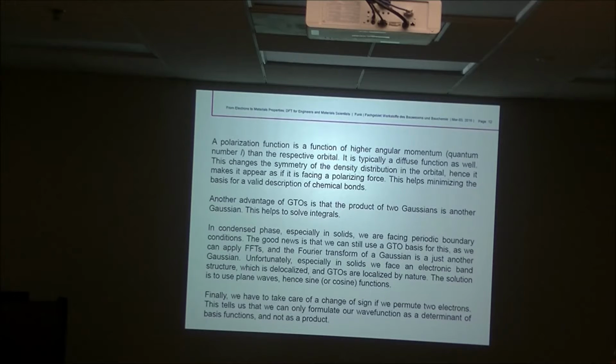You can get larger basis sets, 6-311++G star star. Okay? Well, why? Because now you can polarize even more.